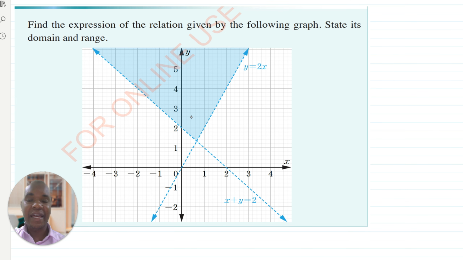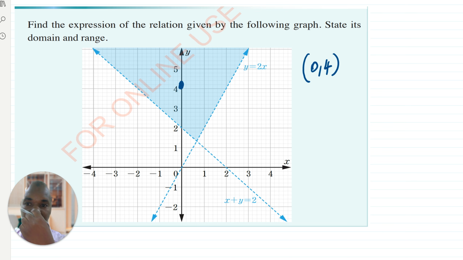So it is either greater than or less than. And because of the region shaded here, I'm going to pick any point, and this point is going to be 0, 4.